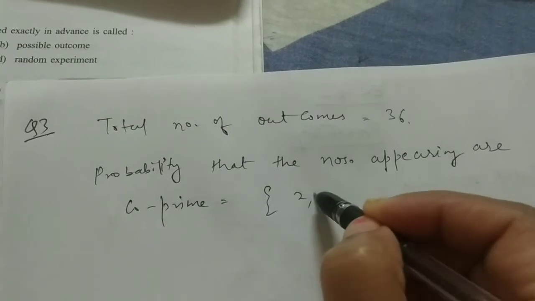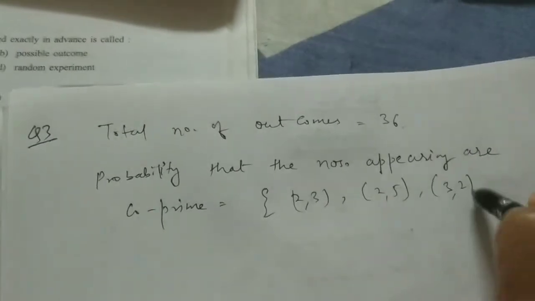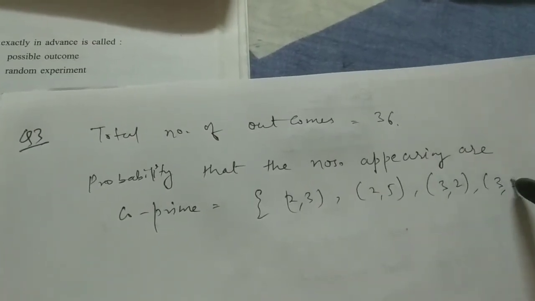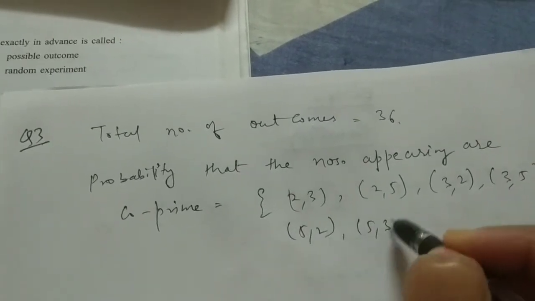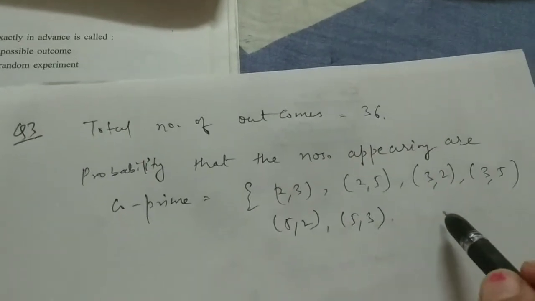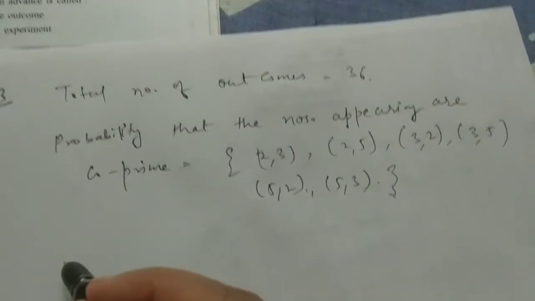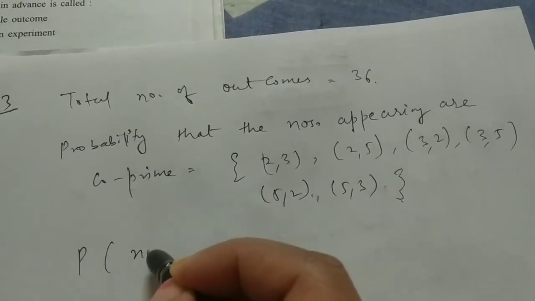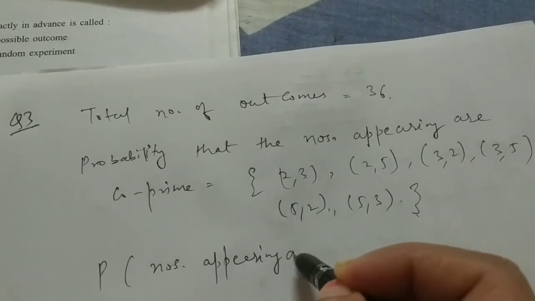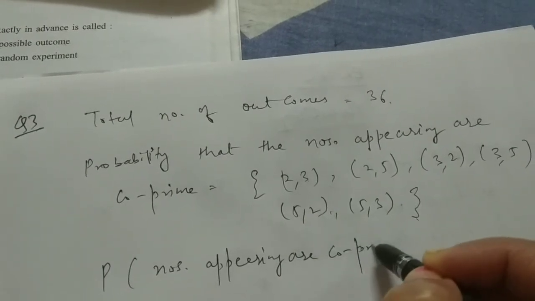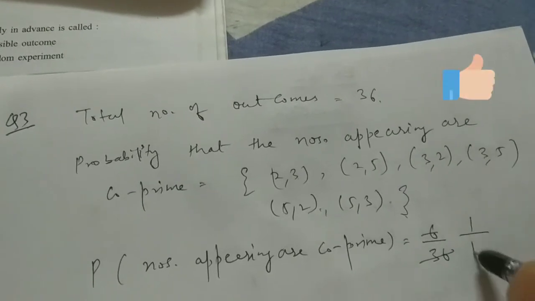It would be 2 and 3, 2 and 5, 3 and 2, 3 and 5, 5 and 2, 5 and 3. So how many outcomes are there? 1, 2, 3, 4, 5, 6. 6 outcomes are there. So therefore the probability that the numbers appearing are co-prime would be 6 by 36. So 1 by 12.